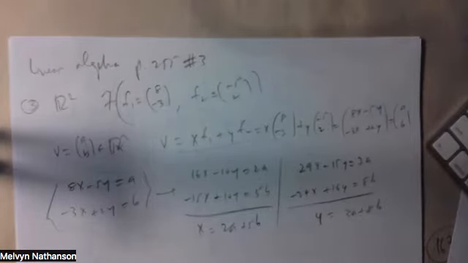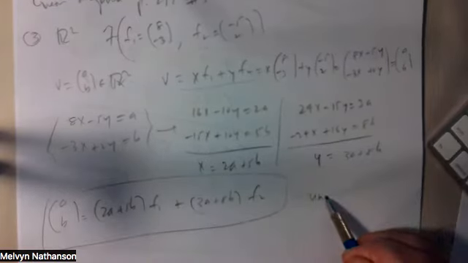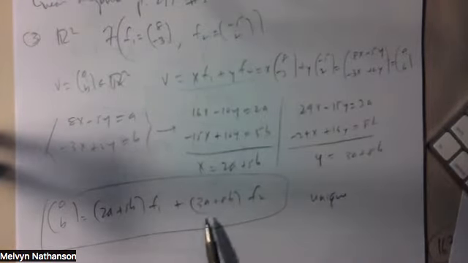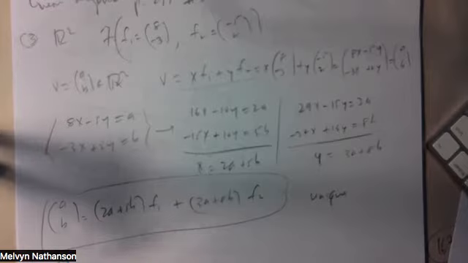So that says that any vector (a, b) can be written as a linear combination: (2a + 5b) times the vector F1 plus (3a + 8b) times the vector F2. And this representation is unique because if I want to write (a, b) as a linear combination of these 2 vectors, these are the only possible coefficients. So it follows that the set F of the vectors F1, F2 generates R2.